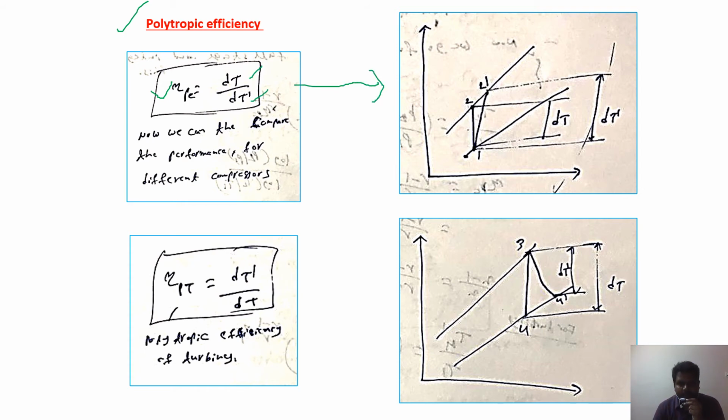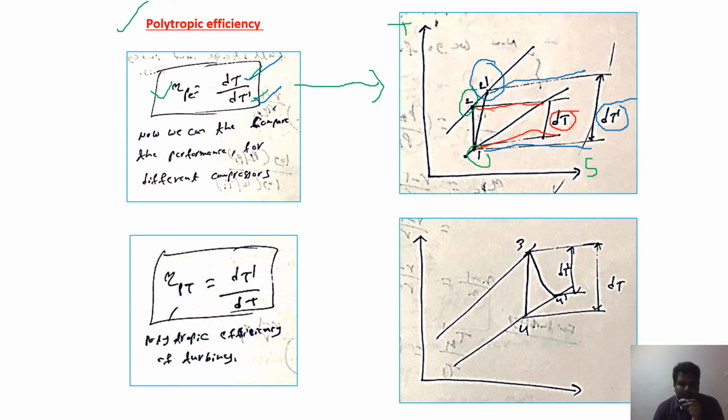This I have taken from the TS diagram. Here 1 to 2, this length is dT, 1 to 2 dash, this is dT dash. Okay, so here ideal divided by actual.